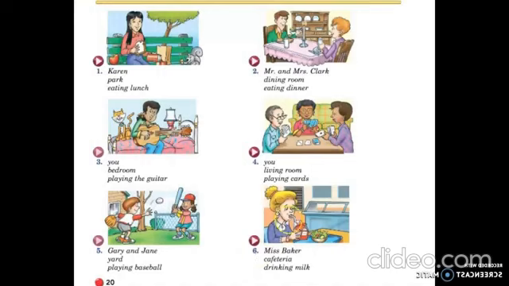Well, in here we got Karen, Mr. and Mrs. Clark. We got in here the verb to be, the personal pronoun you, Gary and Jane, and Miss Baker. Well, right now you're gonna hear all the 6 exercises.